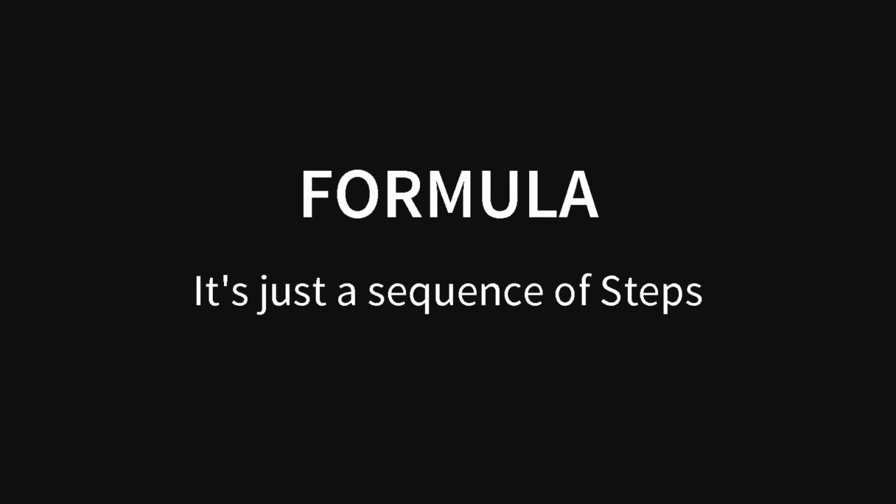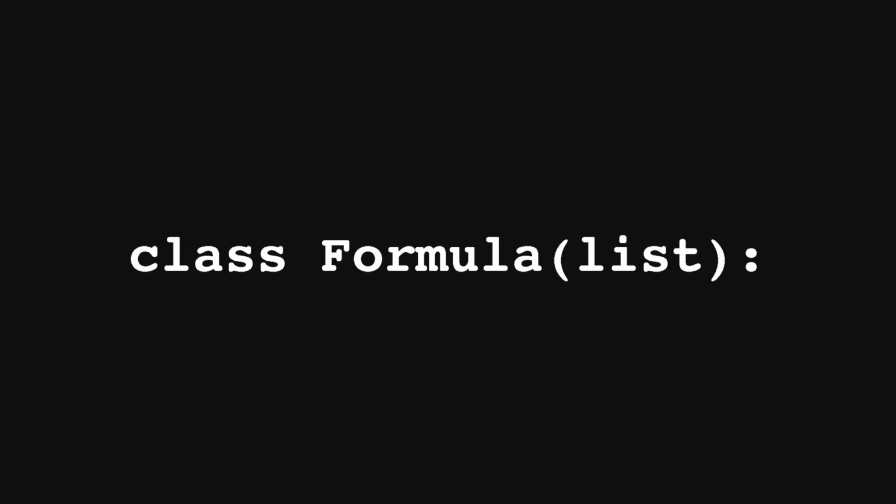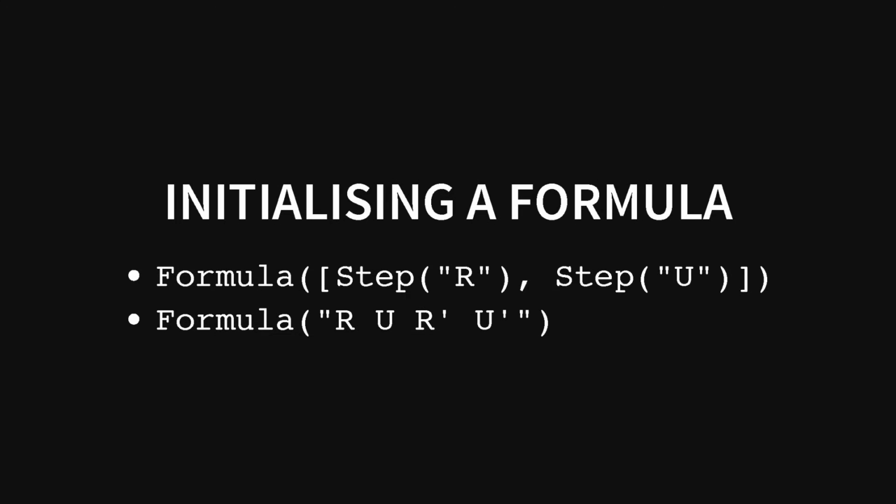Okay, so now I'm going to talk about the Formula class, which is just a sequence of steps. So it will look like this, because obviously it's like a list. And this is the definition of Formula, and I want to initialize a Formula with these two methods.